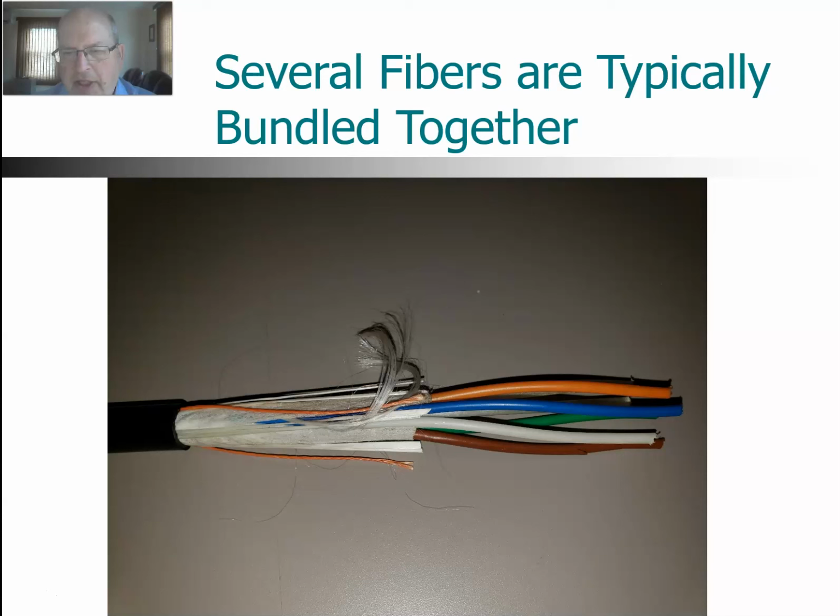And you can actually get multiple communications channels on each fiber, and each communication channel is capable of handling large amounts of data. So this has pretty much replaced copper wire for all kinds of long-distance communication.